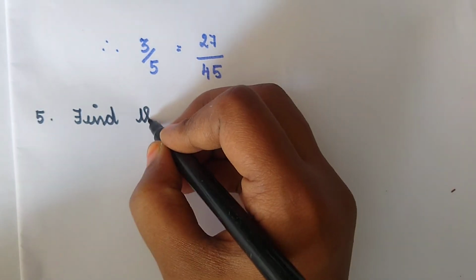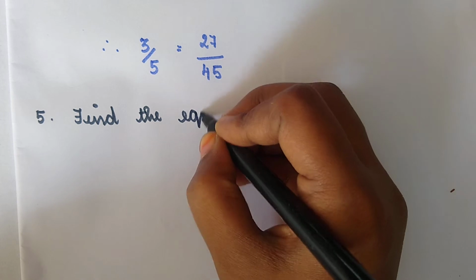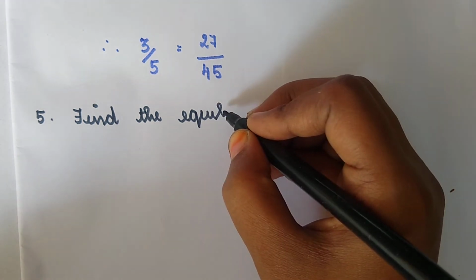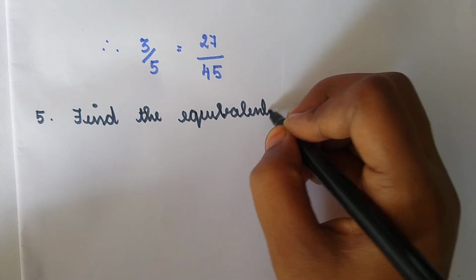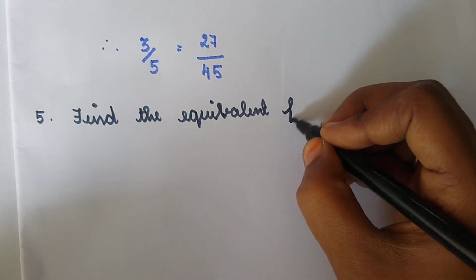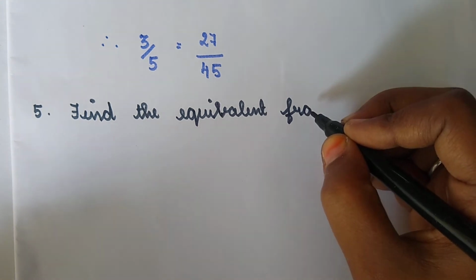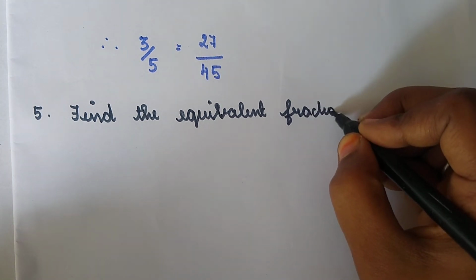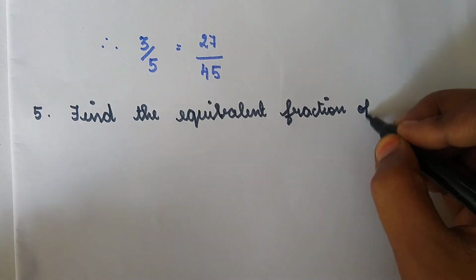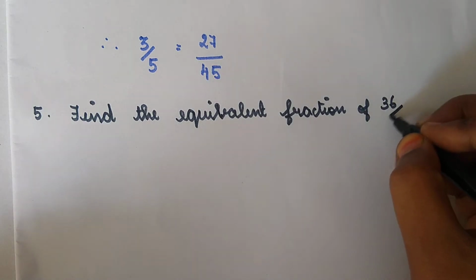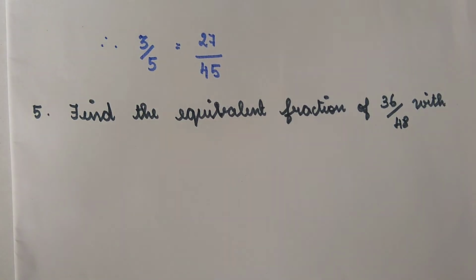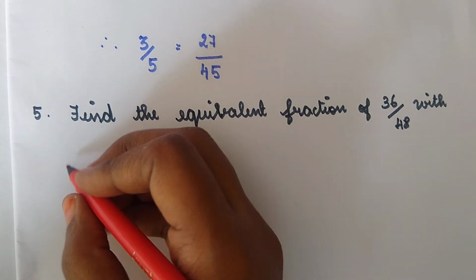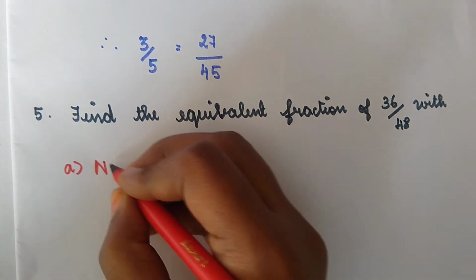Find the equivalent fraction of 36 divided by 48 with subdivision numerator 9.